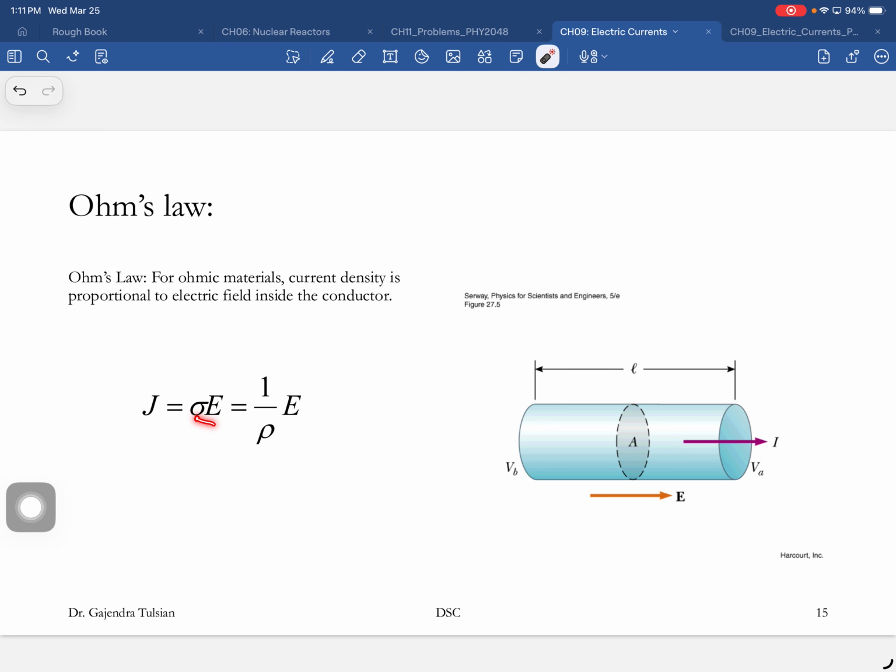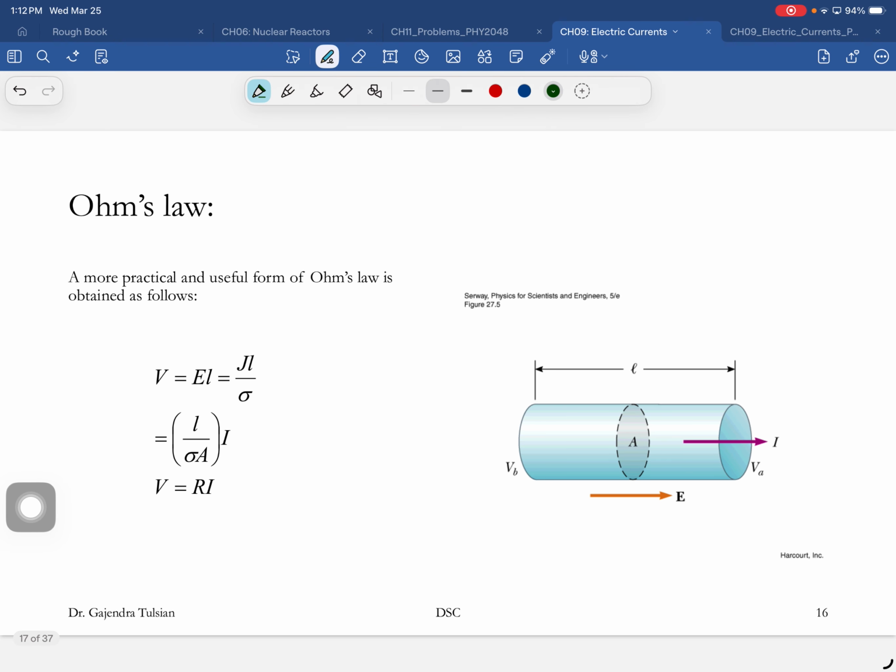Conductivity and resistivity are inversely related. Sigma is conductivity, rho is resistivity, the same symbol that we use for density. Here it's resistivity.